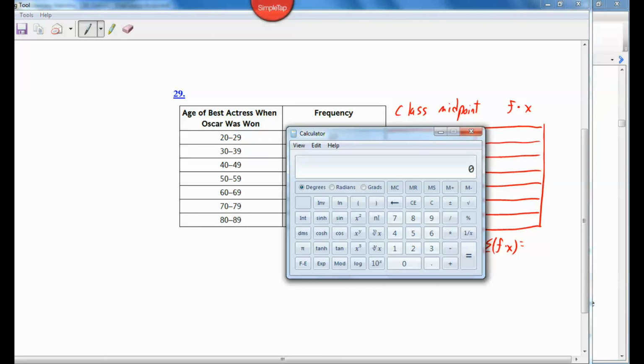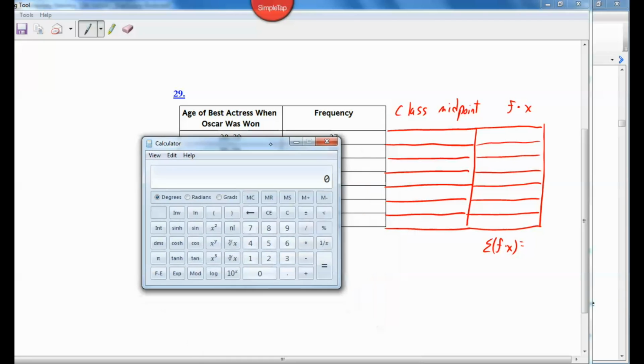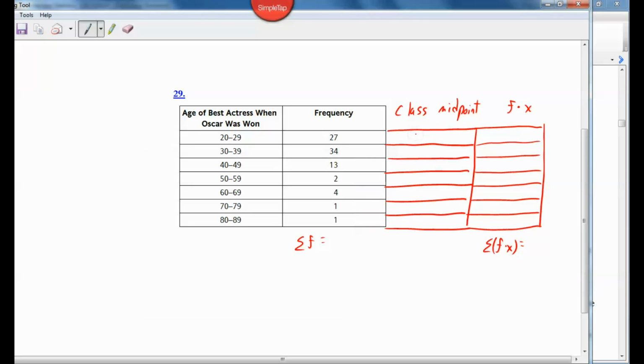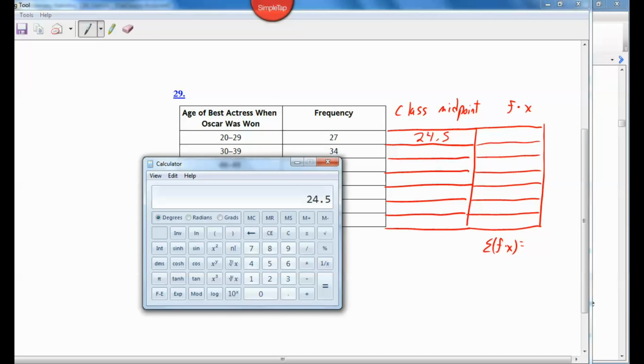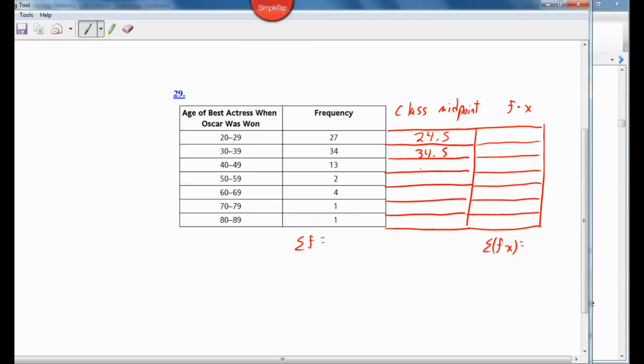Alright, so class midpoint's different from class width. So add the two together, divide by 2. So 24.5. I believe you're going to see a pattern emerge. So look at the next one. 30 plus 39 divided by 2, 34.5. So yeah, that's the pattern.